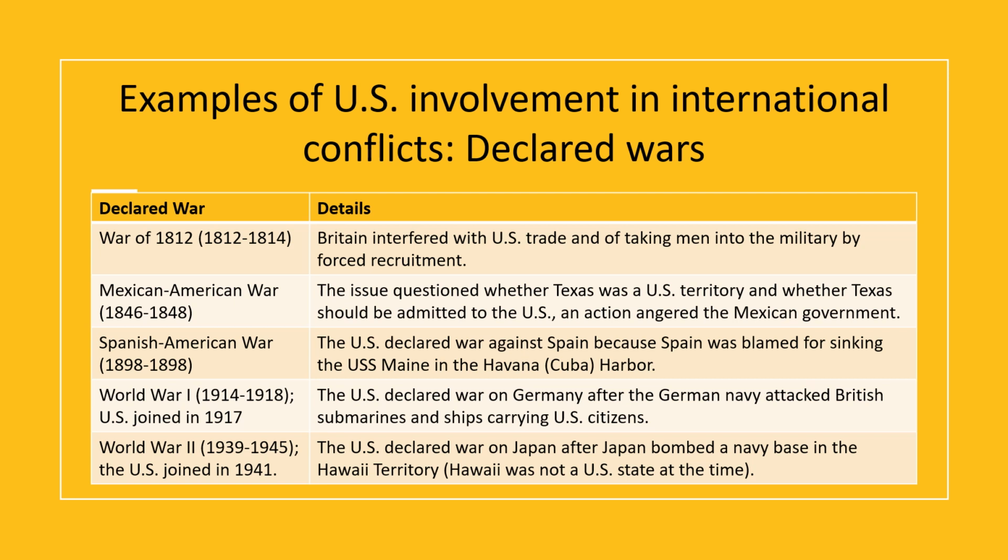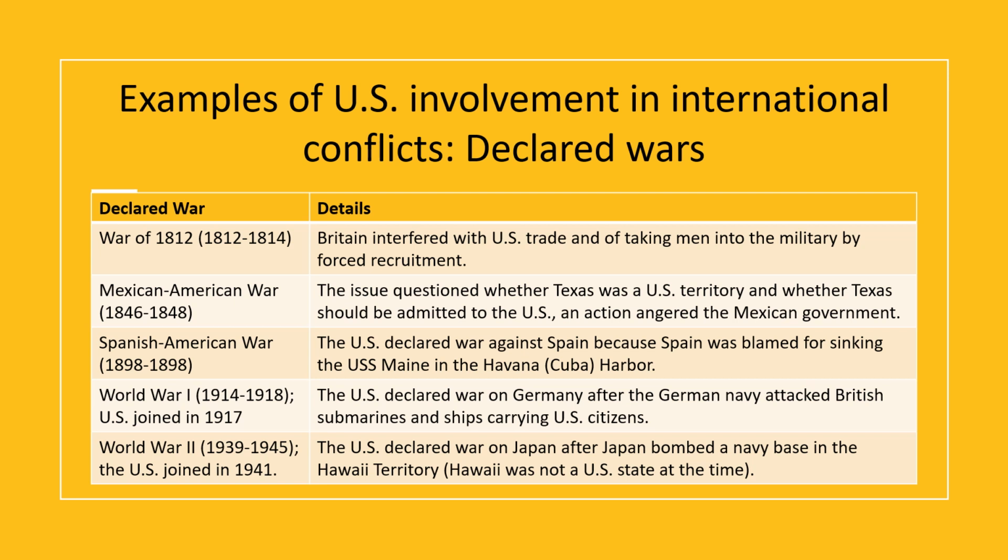But the United States stayed out of World War II until Japan bombed a Navy base in Hawaii Territory in 1941 on December 7th. Hawaii was not a U.S. state at the time. We often call December 7th Pearl Harbor Day because the attack in Hawaii Territory was in Pearl Harbor.